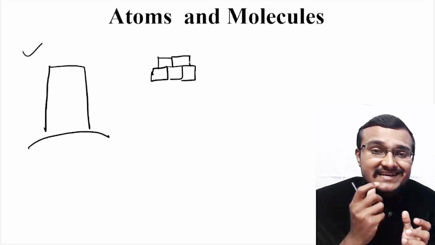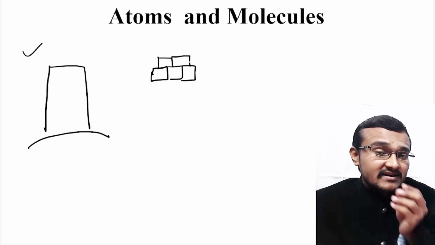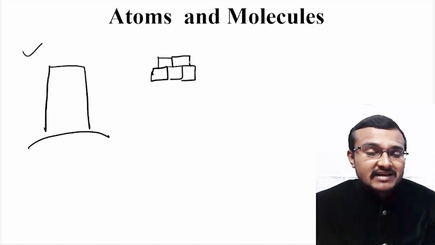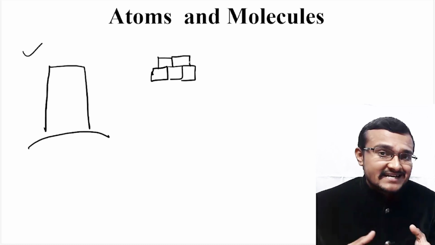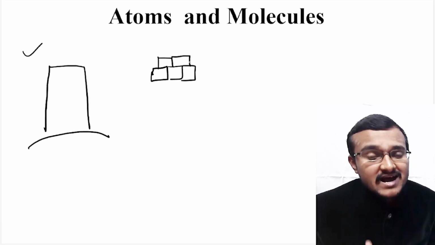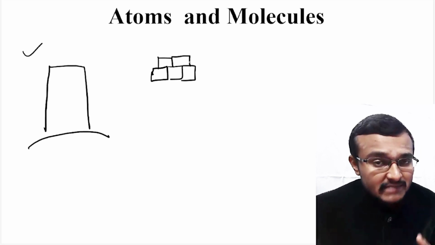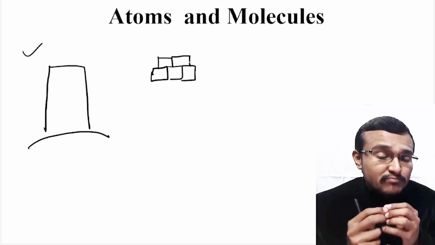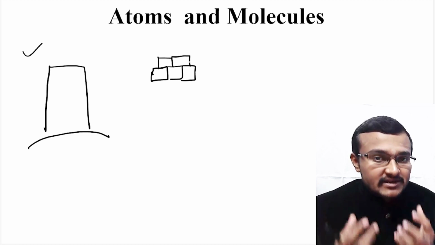Similarly, to construct any kind of matter, the atoms act as the building block of that matter. These atoms are arranged together in a specific manner with specific bonds, and hence they form a particular matter.